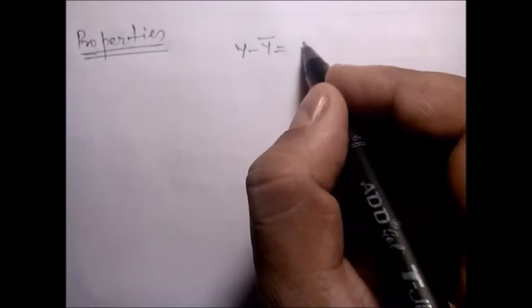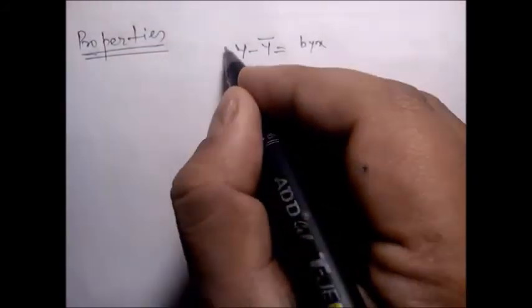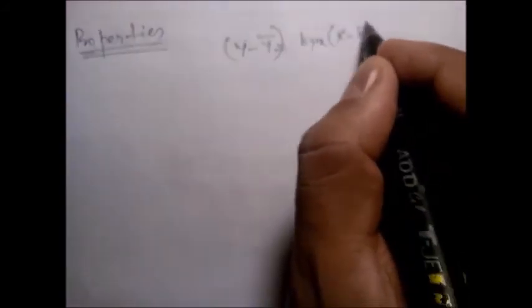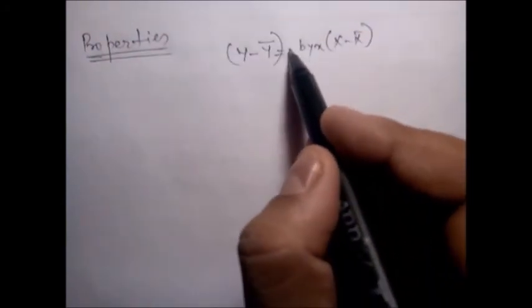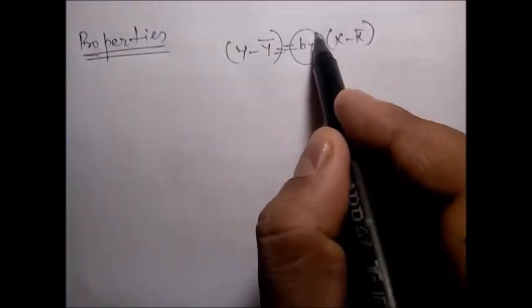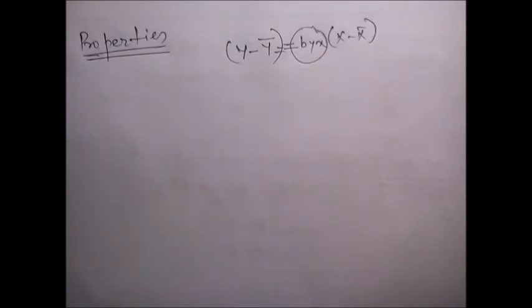Okay, next, properties of the regression coefficient. Now what is the regression coefficient? Already you know the formula y minus y bar equals byx times (x minus x bar). So byx is the regression coefficient.